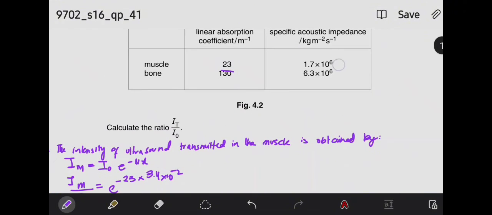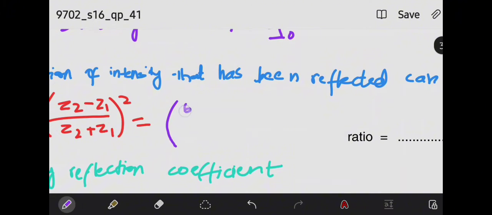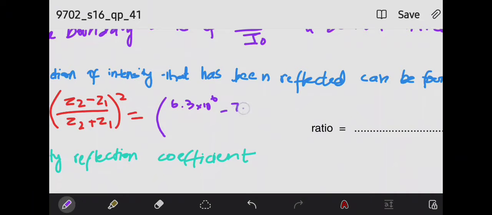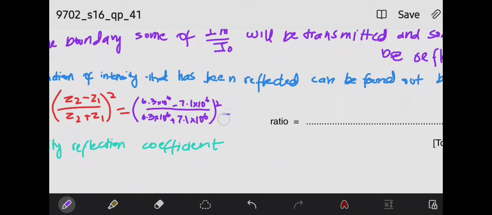Using the values given for both of them, our alpha is coming out to be 0.33.